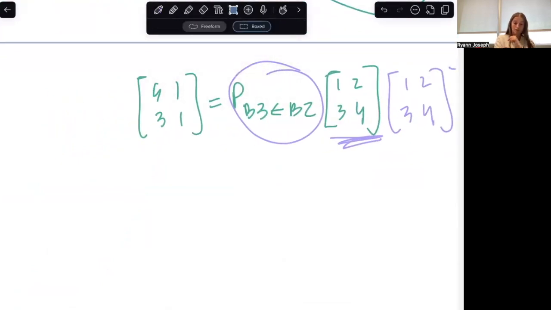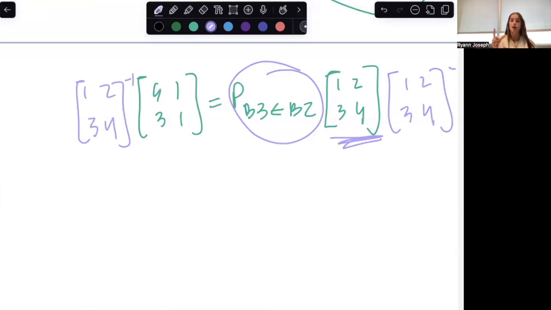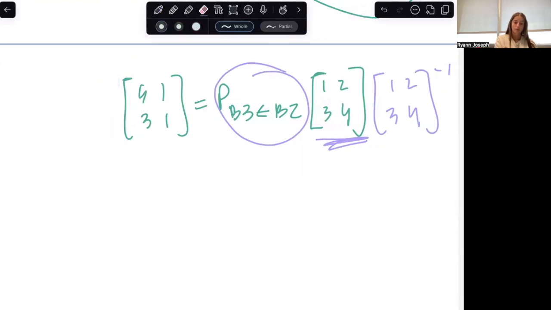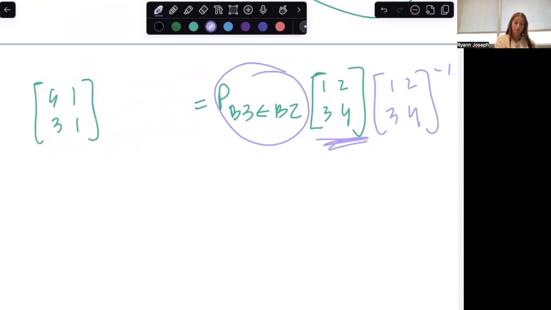If I were to do this and then go 1, 2, 3, 4 inverse on the left, that's wrong. This is not an equation. This is not equal. I have to make sure to do it on the right-hand side of this matrix.